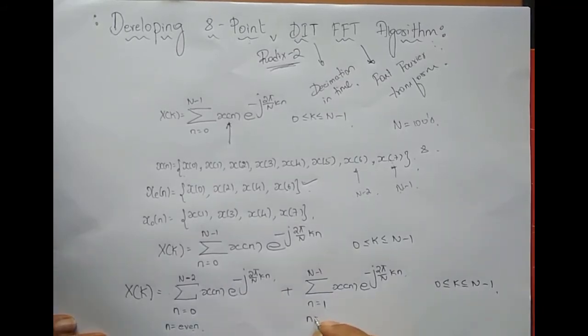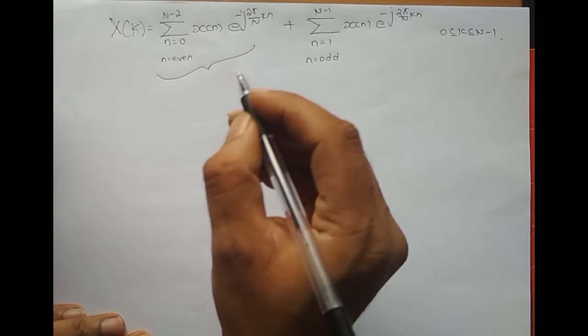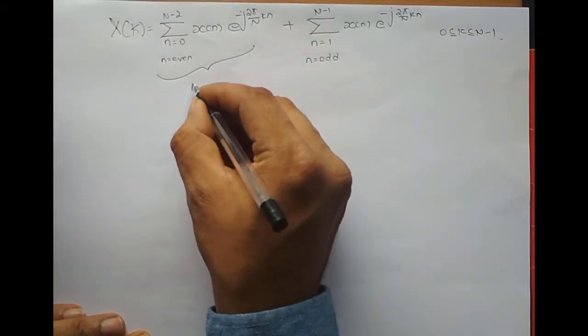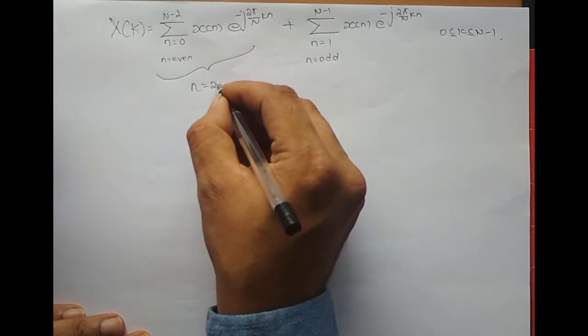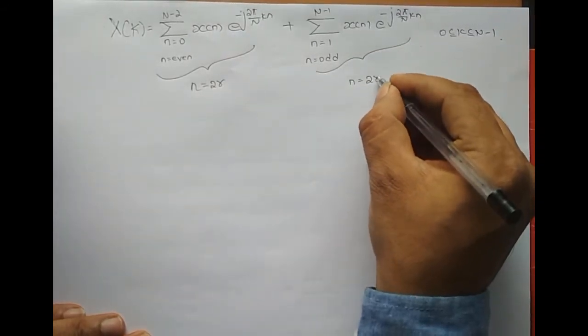And here n takes only odd values. So this is what we had in this summation. We are going to replace n equal to 2r in the first summation, and in the second summation we are going to replace n equal to 2r plus 1.